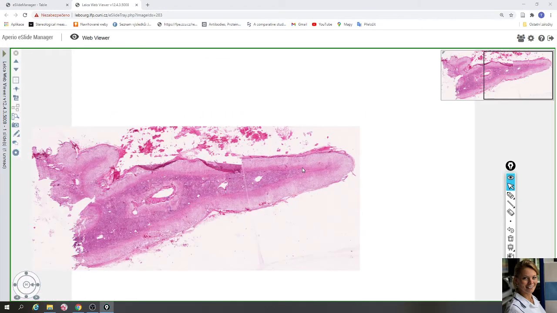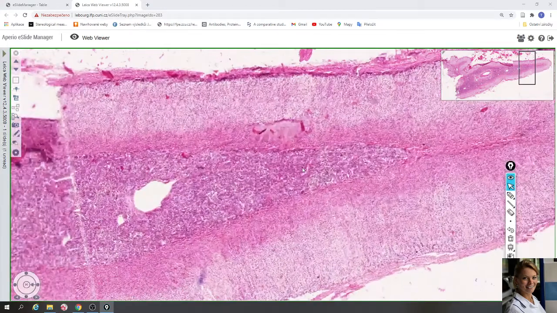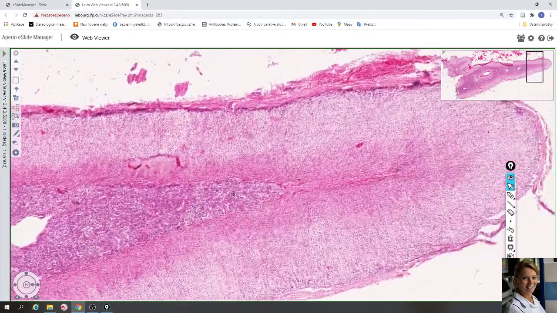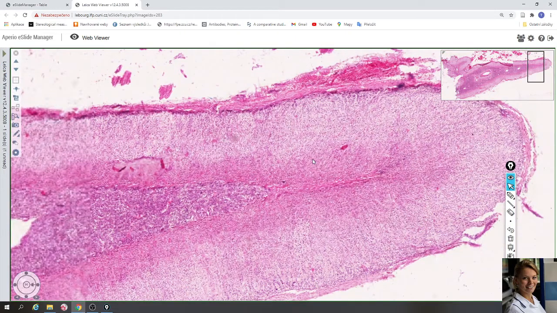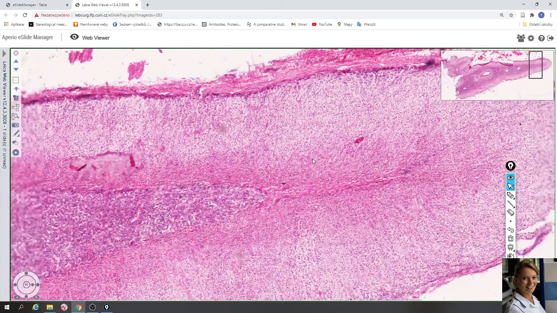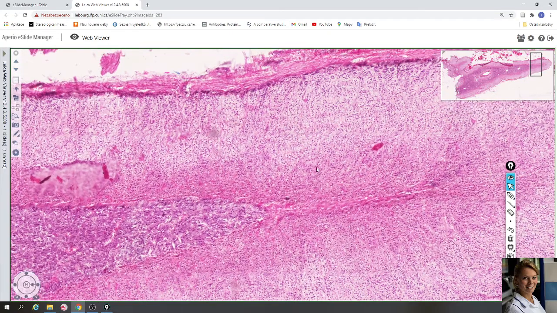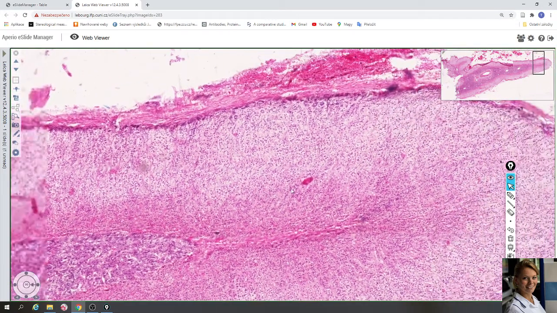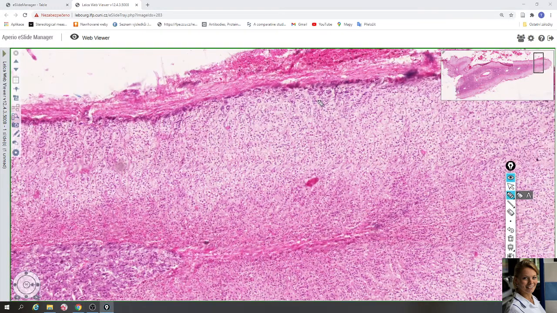The adrenal cortex is subdivided to the three concentric zones. The inferior to the connective tissue capsule is the outer zona glomerulosa. It's here. It's thin layer of cells.